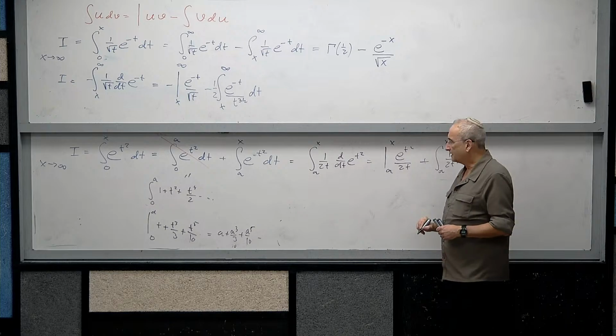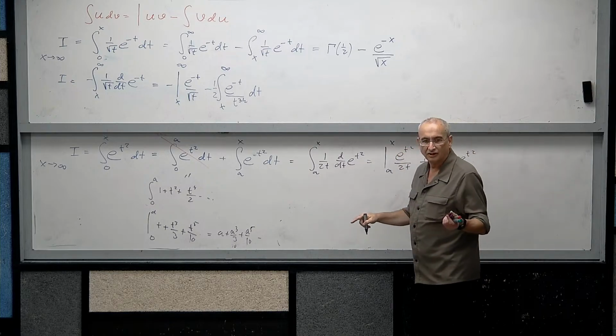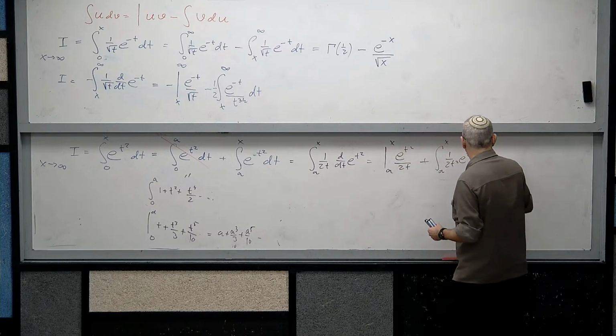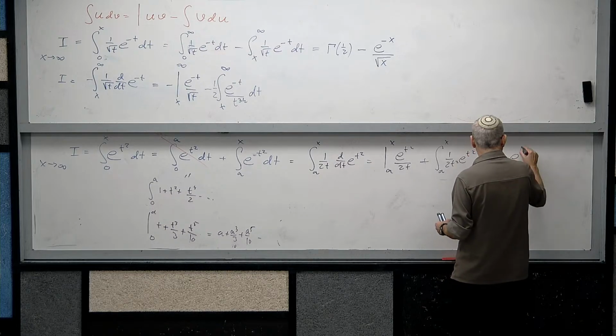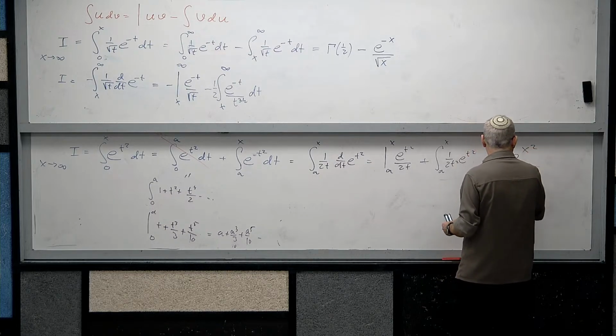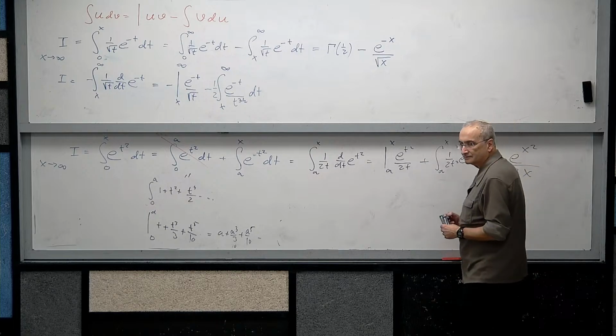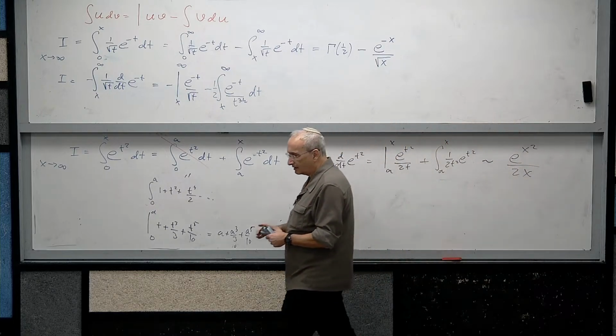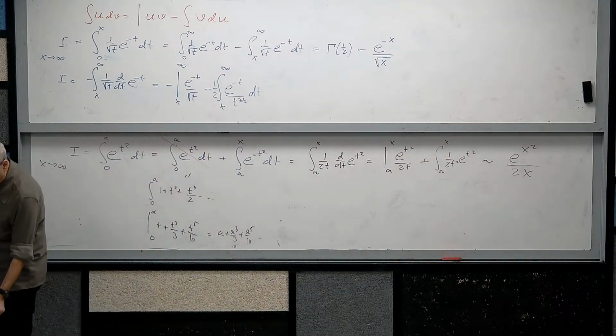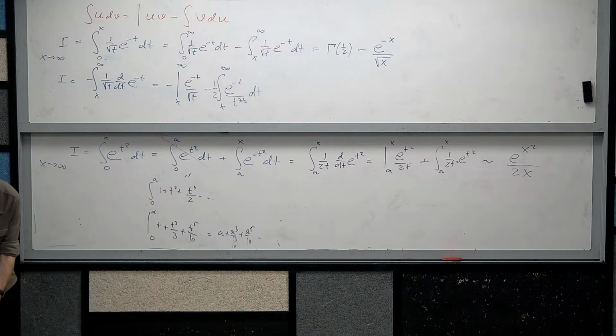Now I can plug in the x, which is the only important thing. So the leading order will be e to the x squared over 2x. All the a terms are not really important.